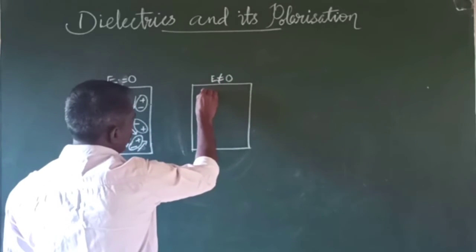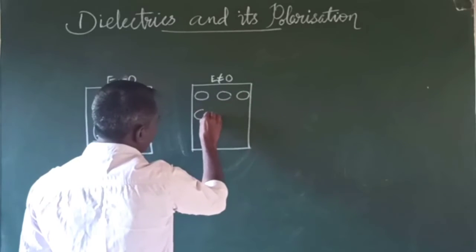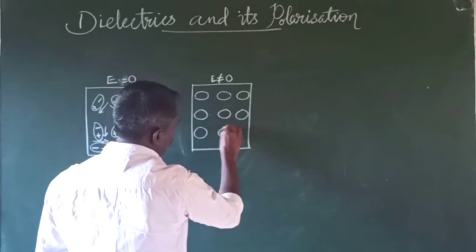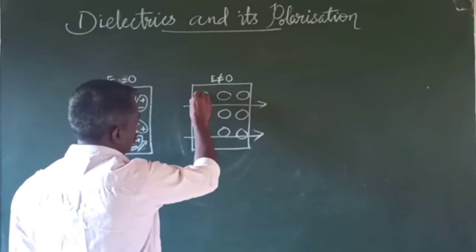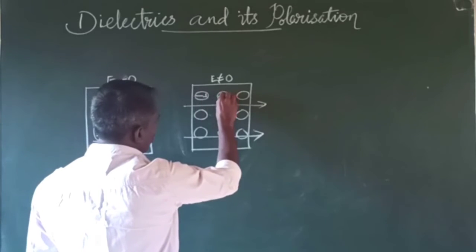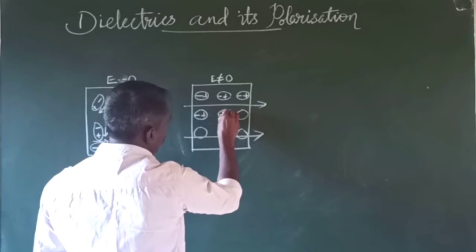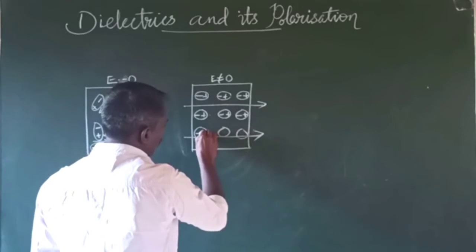what will happen? All these molecules will try to align in the direction of the electric field. A torque is produced due to the applied external electric field.